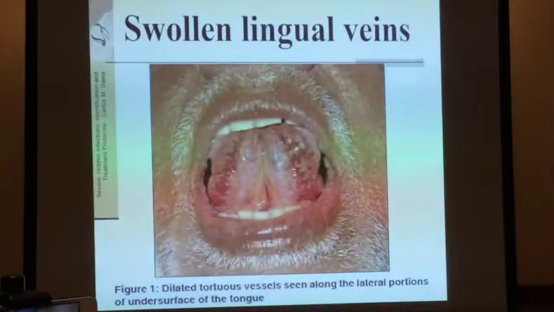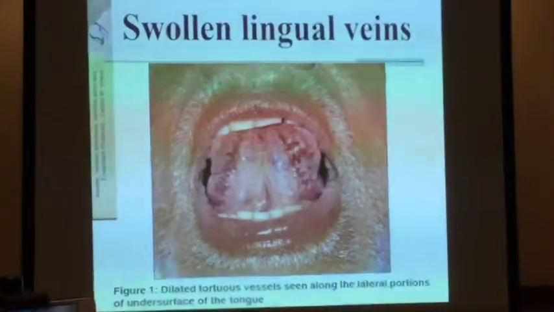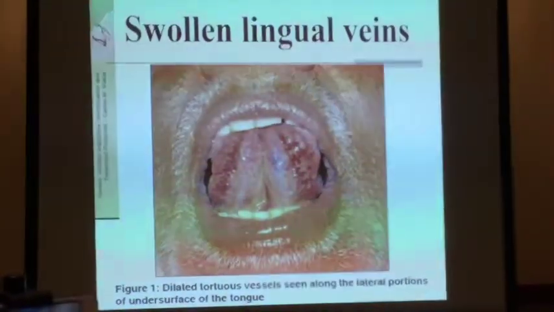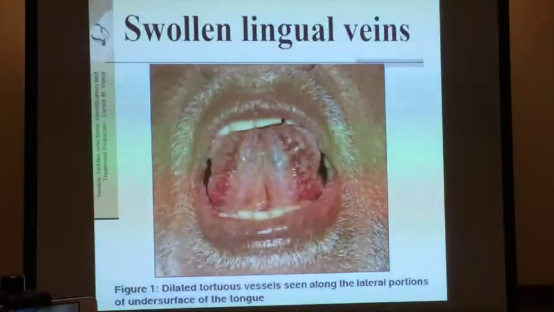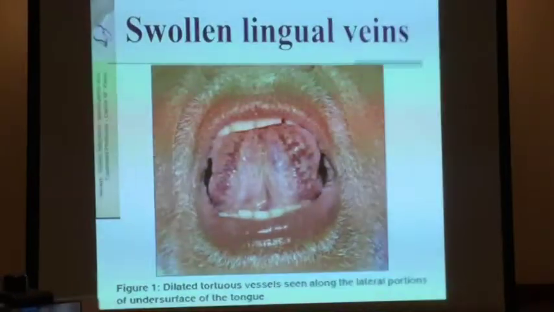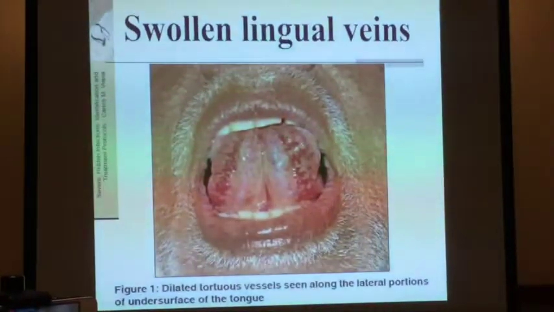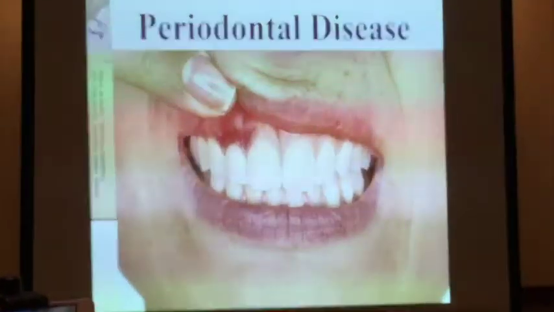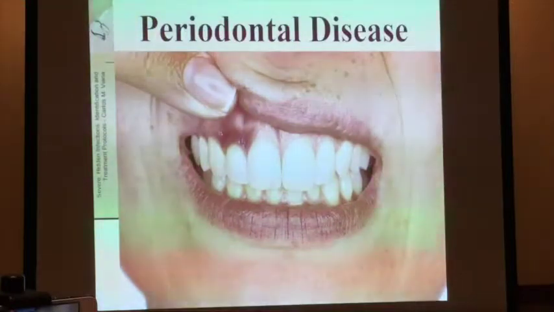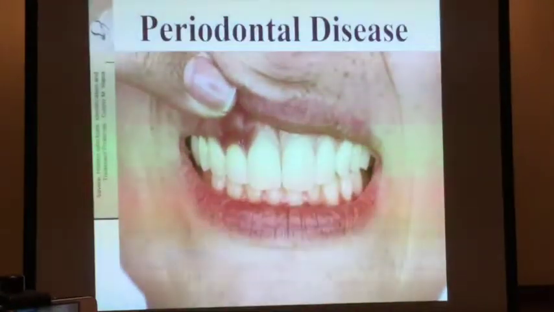Under the tongue, we're looking at the condition of the liver, and we could see that this liver has what we call blood stasis. There's a lot of blood stagnated in the liver that needs to be brought out. Periodontal disease, we're looking at that because it's a tremendous indicator.